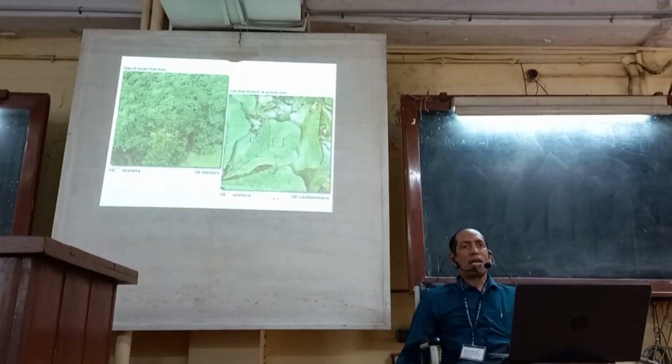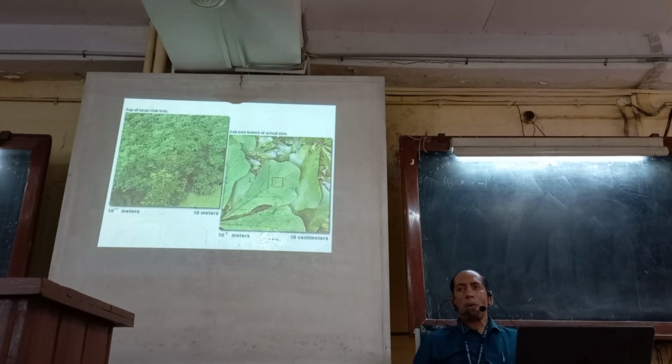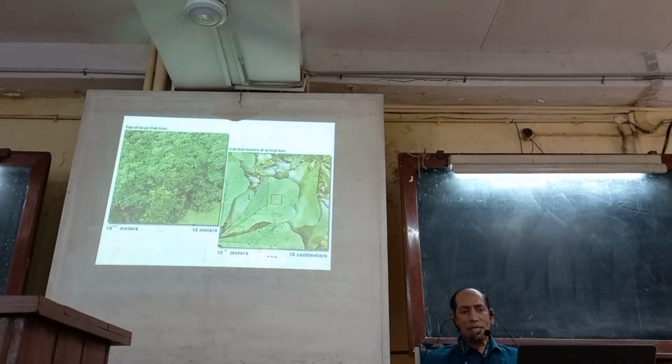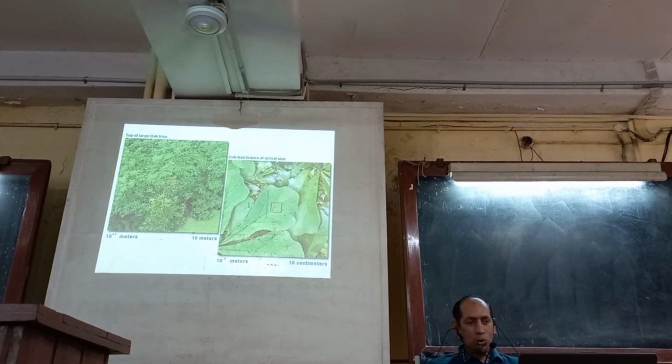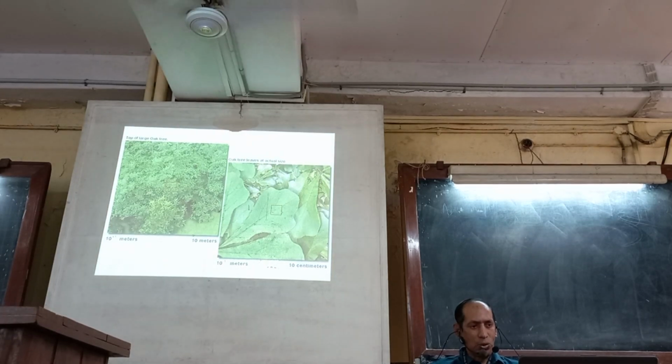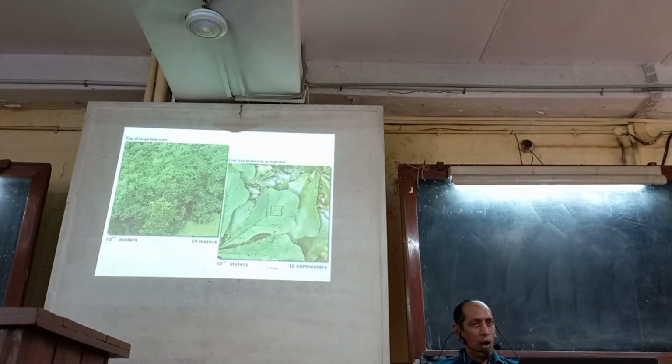So the left hand side is a telescopic view, the right hand side is a microscopic view. You are now at a distance of 100 meters away from the leaf and you are 10 centimeters as close to the leaf. Right?